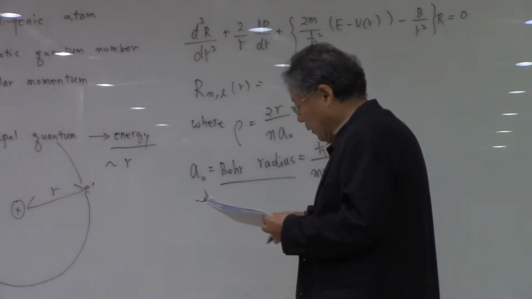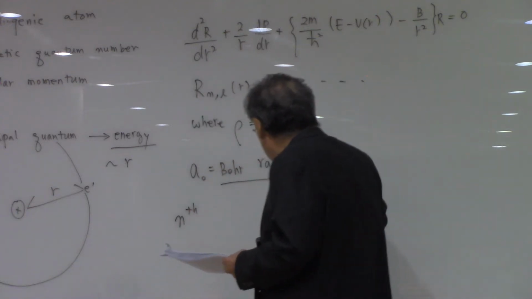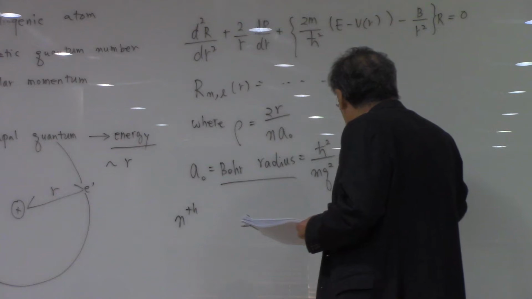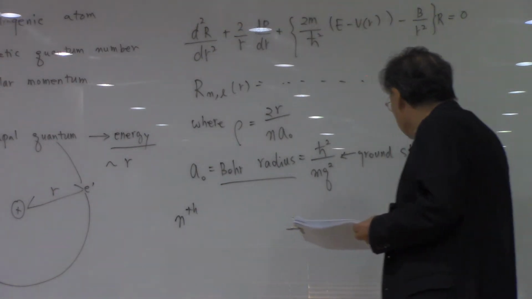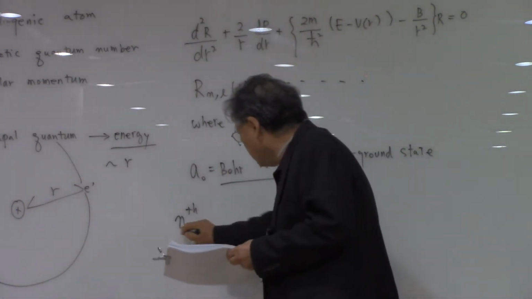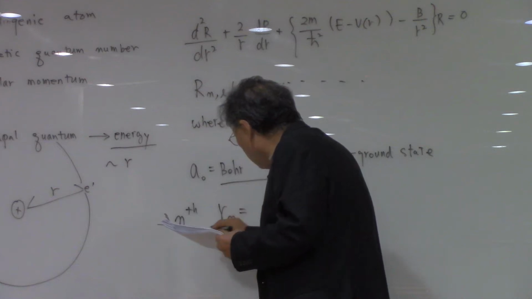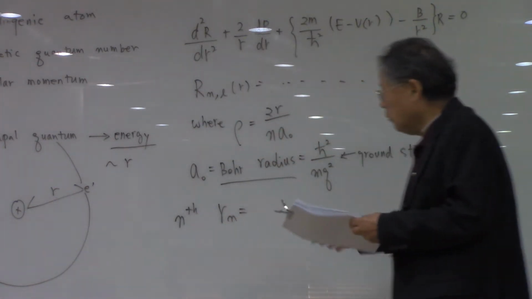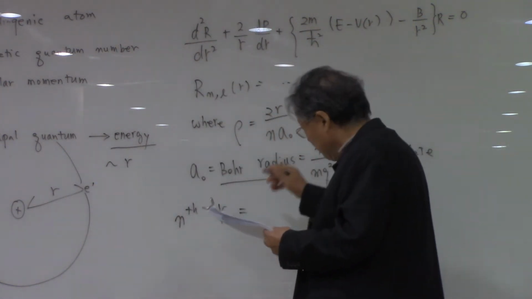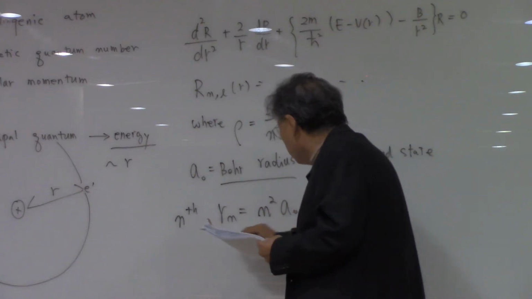The ground state of a circular orbiting electron. For the nth state, Rn, the distance between the nucleus and the electron, is going to be approximately n squared a naught.